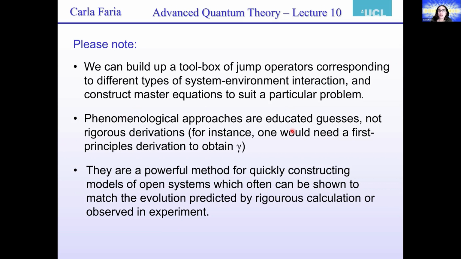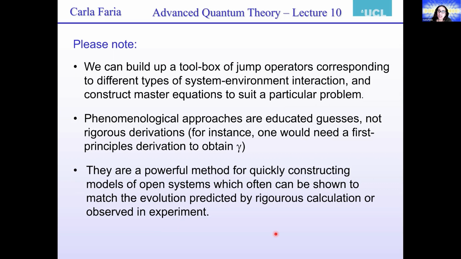And phenomenological approaches, they are not rigorous, they are educated guesses. And one example that I mentioned is that you would need a much more involved first principles derivation to derive, for instance, the gamma that we have used in the spontaneous emission problem. But on the other hand, they are a very powerful method if you want to construct a quick model of an open system.